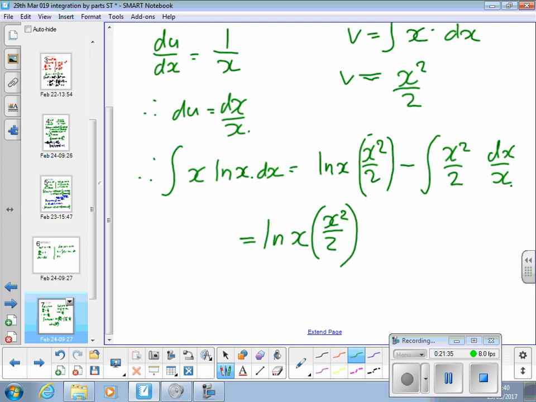What can we do there? We do with constants. And what constant is there that you can see? Half there, isn't there? What do we do with constants? Take outside. Yeah. What else? Can you see anything else we can do there with the x's? Remember, that's x squared over 2 times dx over x.